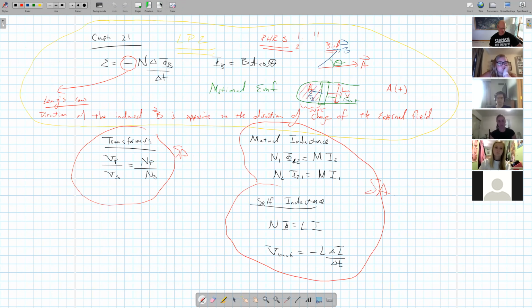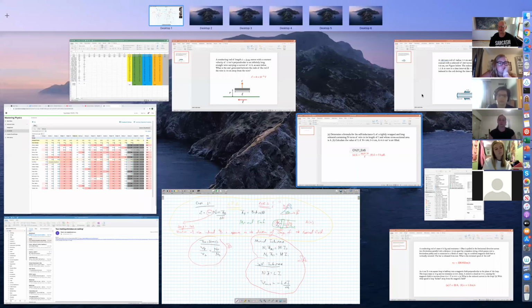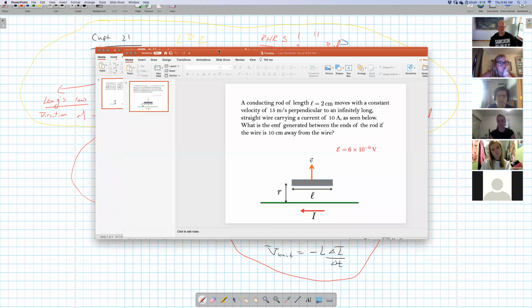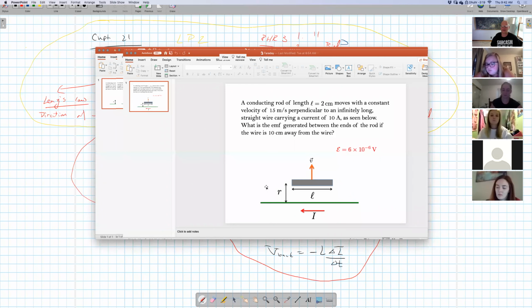As I promised yesterday, we'll spend the rest of the time going through some more group assignments. This is the first one. They're all up on Blackboard, so you can get access to them there. The first one says we have a conducting rod of length L equals 2 centimeters, moving with a constant velocity of 15 meters per second, perpendicular to an infinitely long wire.